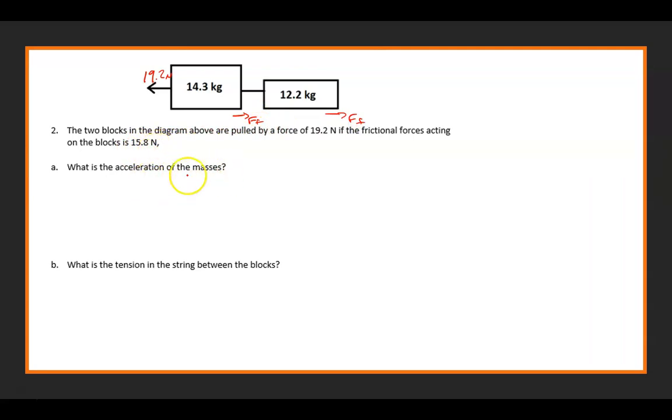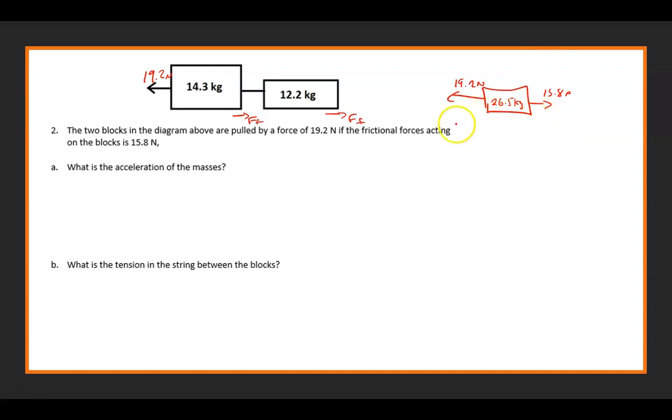We want to know what the acceleration of the blocks are, but we can consider this as one block. One big massive block with 14.3 plus 12.2 gets you 26.5 kilograms with a force of 15.8 newtons this way and 19.2 newtons this way. We're using those combined masses.